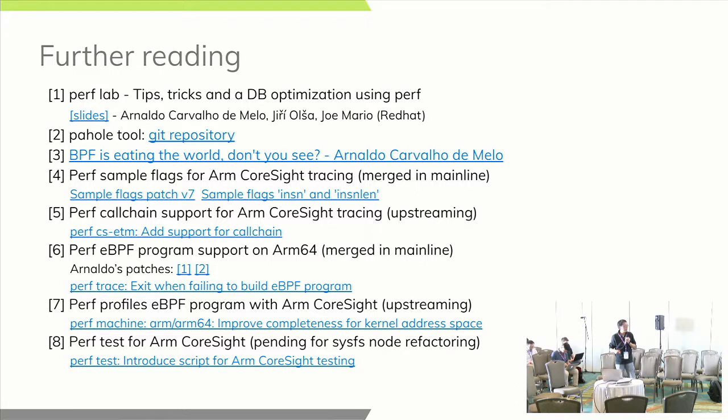For perf profile for eBPF program, there is one patch, but it has not been picked up by the maintainer because it changes some of the perf core code, so it is pending. And because the perf test depends on the sysfs node, on Friday Matthew and Mike will give some update on this. After Mike's patch has been merged in the mainline kernel, this patch will be upstreamed into the mainline kernel. So this is the current status.